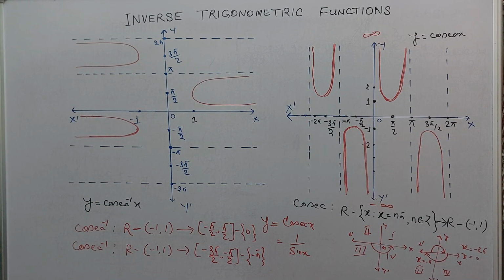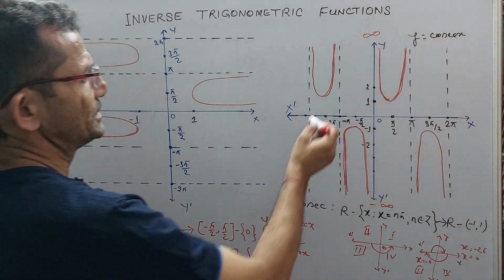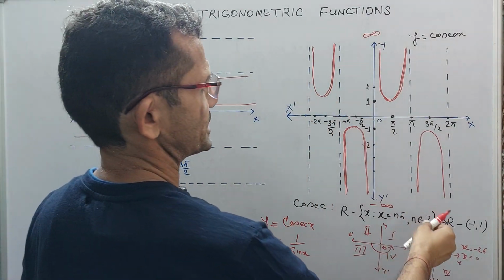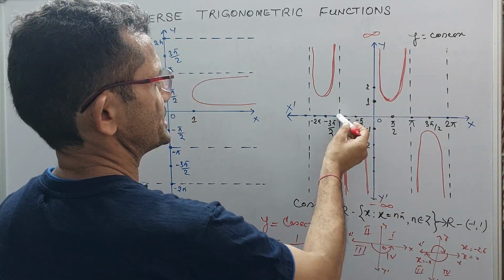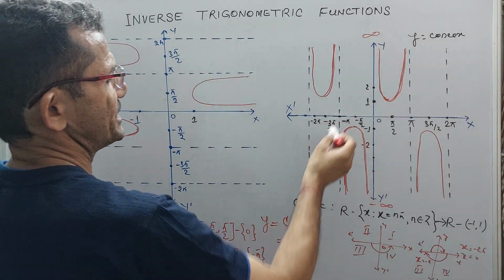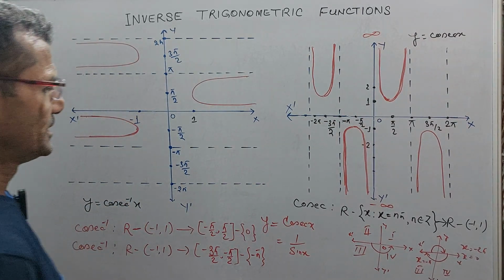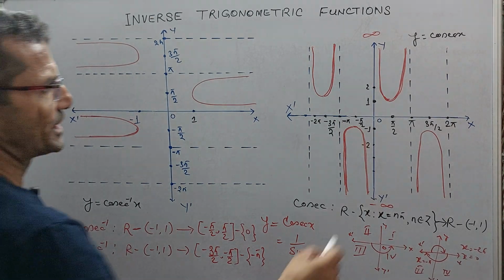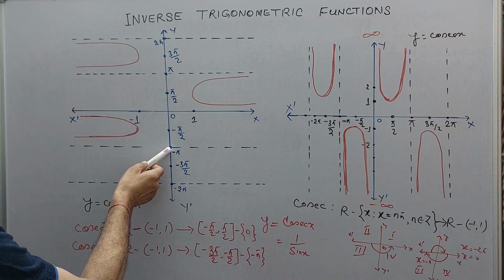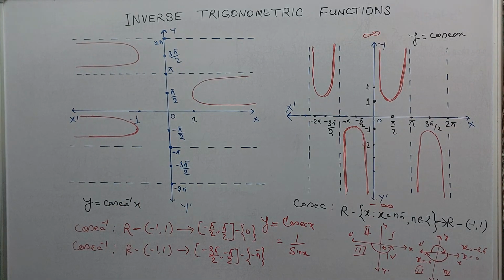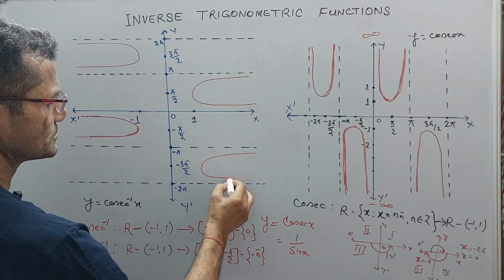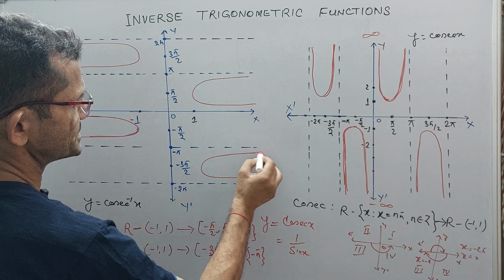So this is the graph for this interval, and next we also draw the graph for minus 2 pi to minus pi, again in the third and fourth quadrant, where cosec x will be negative. So the corresponding cosec inverse will be here from minus pi to this interval. So this is the graph for this interval.